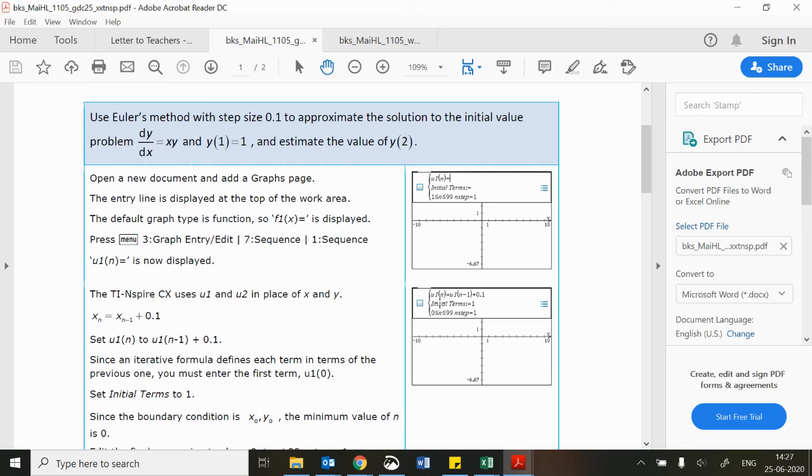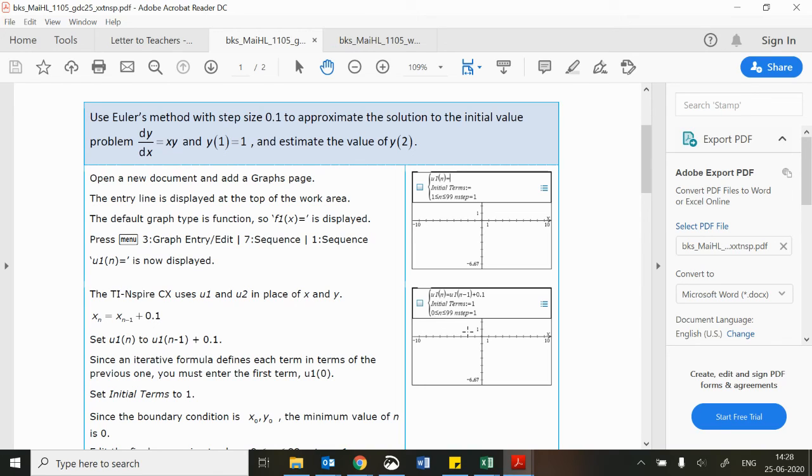Those are different functions which you put in, and we're putting in the function for x. Now the initial term for x is 1. So that's where we start with x. And the step is how many steps we've got. Now they're just going up to 99 here because they're just saying, well, we want to go up to 99.